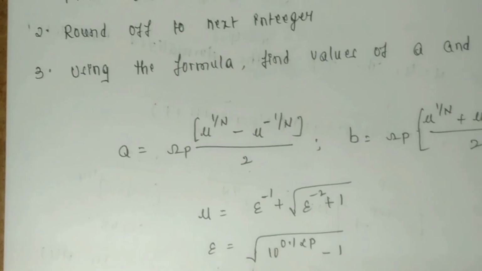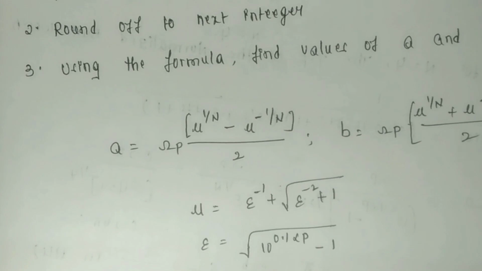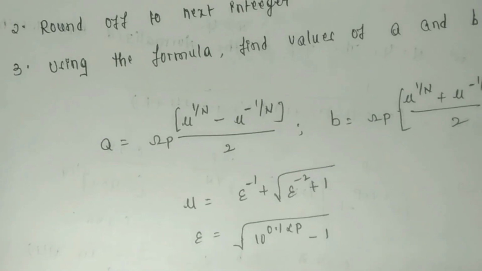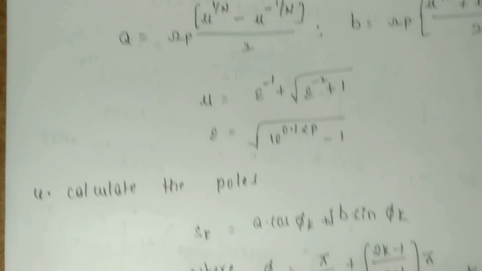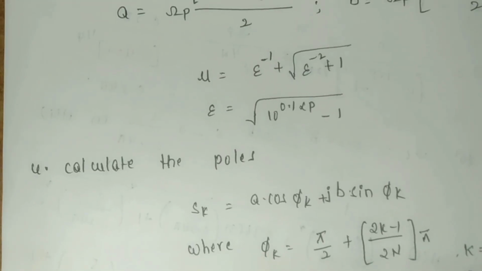Next you have to calculate the poles of the filter. For calculating the poles, we need the formula for sk. sk is equal to a cos(φk) plus j b sin(φk), whereas in the case of the Butterworth filter, sk is equal to omega c e power j φk.